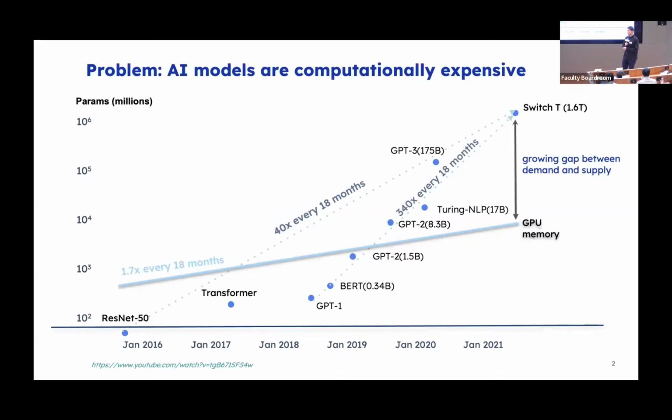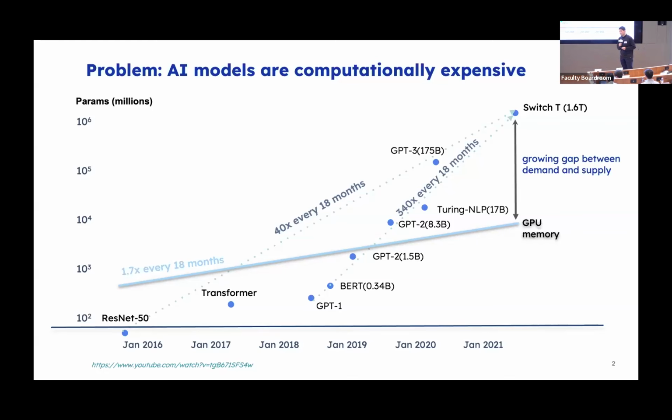We have models with more than 1 trillion parameters, but in 2016 or 2017, the best model, ResNet 50, only had 25 million parameters. That's crazy. It's very expensive to train.